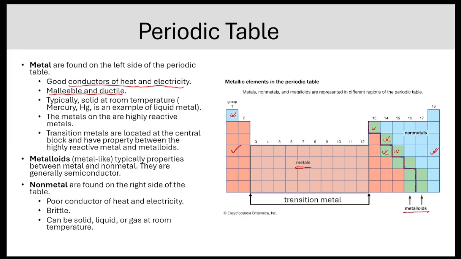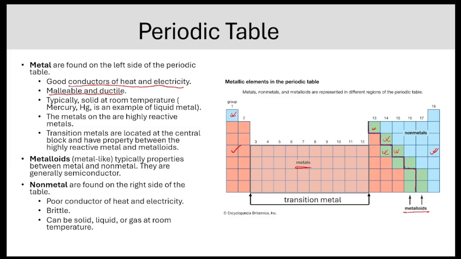There are some examples which are liquid even at room temperature. For example, mercury is the most common example. We see it as a liquid, even though it's a metal, at atmospheric temperature and pressure.